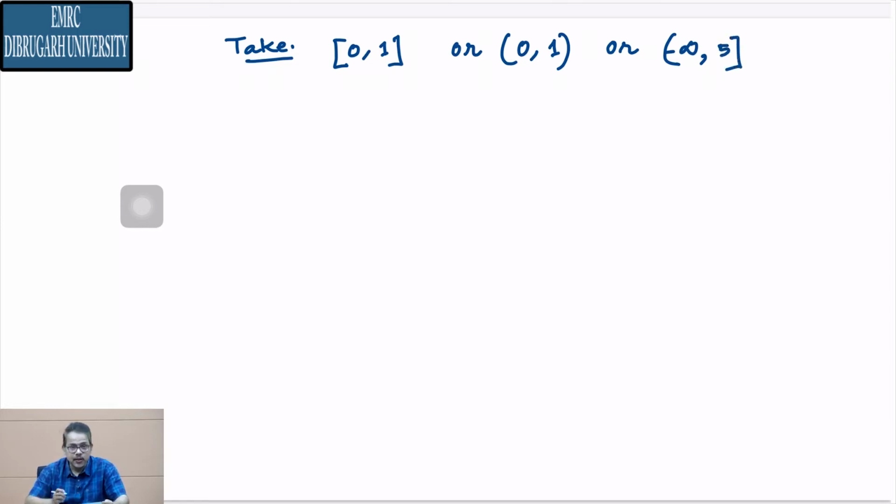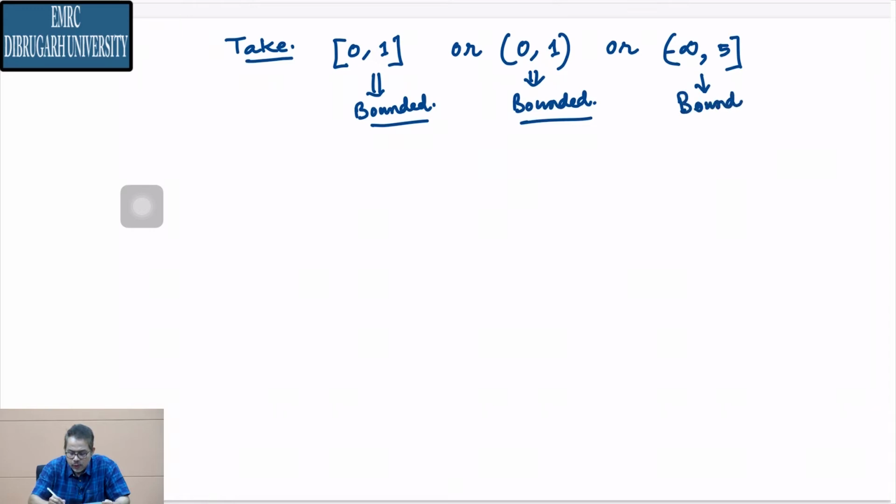From the above discussion, you can at once determine which of these intervals will be bounded and which of them will not. This is bounded, definitely. This is also bounded, but this is bounded above, not bounded below.